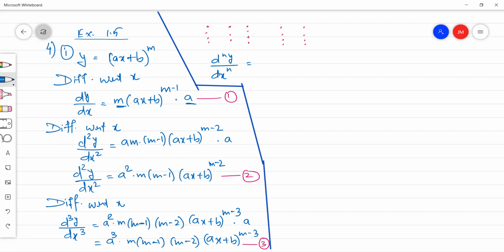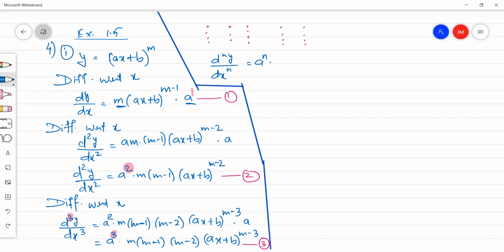See, you can now understand, when you have first order derivative, you have a power 1. You see this? When you have second order derivative, you have a power 2. When you have third order derivative, see 3 here, you have a cube. So I understand that if I have nth order derivative, I will have a raised to n for sure.